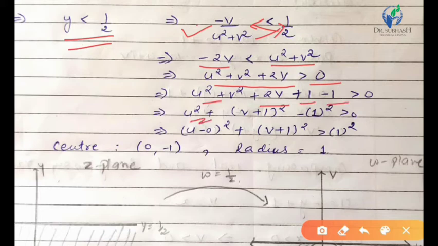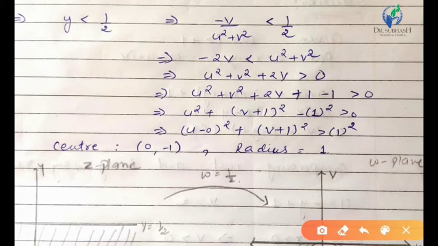So this u square will be as it is. This portion will become our perfect square, v square plus 2v plus 1, that will be a plus b whole square. And this 1 can be written as 1 square.